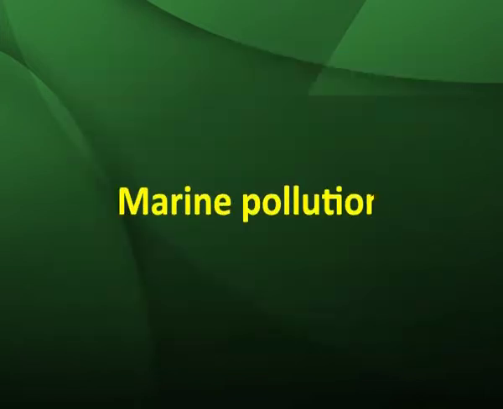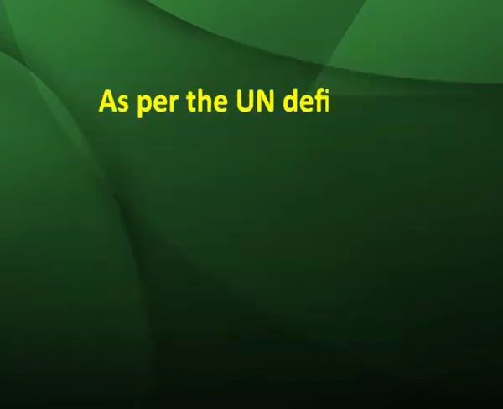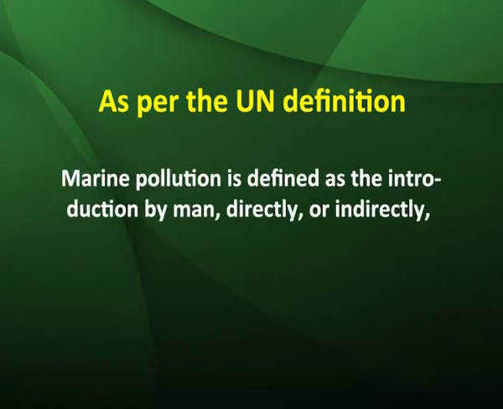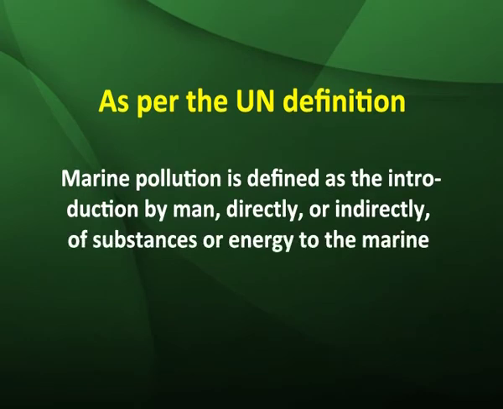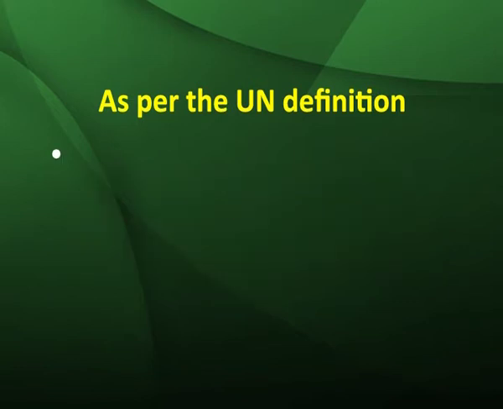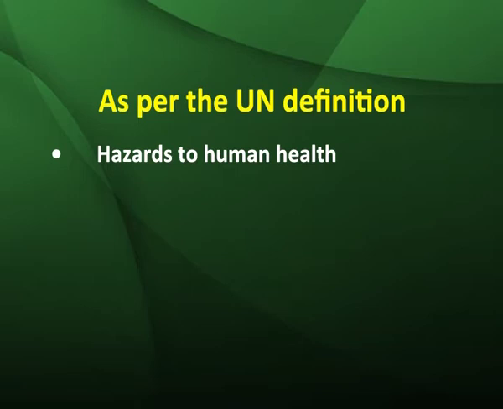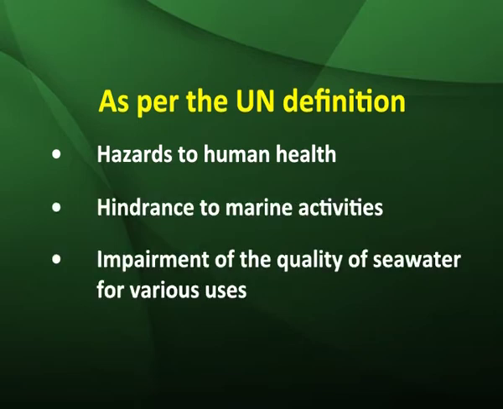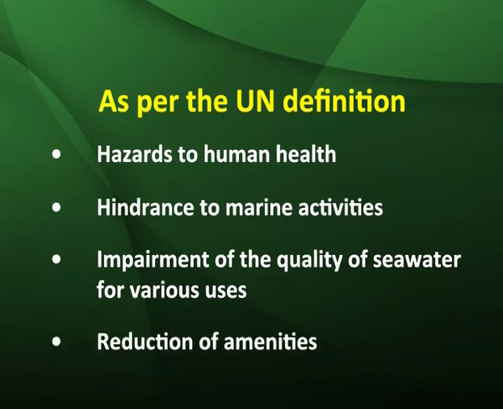Now, marine pollution. As per the UN definition, marine pollution is the introduction by man, directly or indirectly, of substances or energy to the marine environment, resulting in deleterious effects such as hazards to human health, hindrance to marine activities, impairment of the quality of seawater for various uses and reduction of amenities.